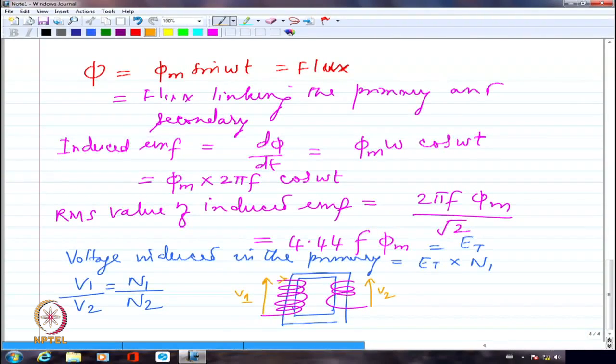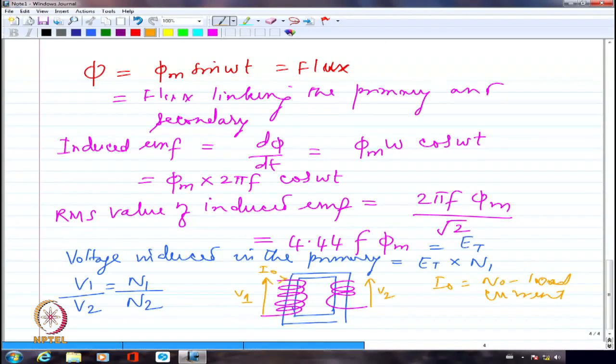I may call this current I0 the no load current. And that will be really small because of the high permeability of your ferromagnetic core.